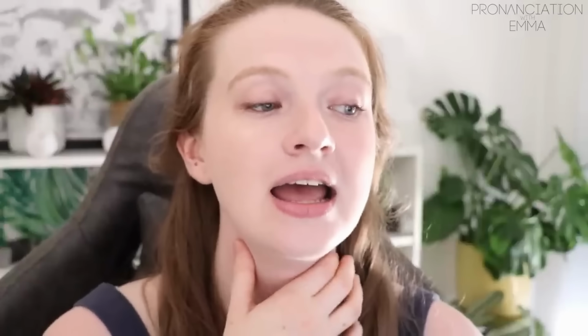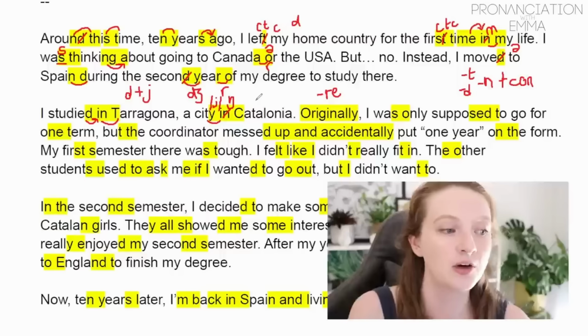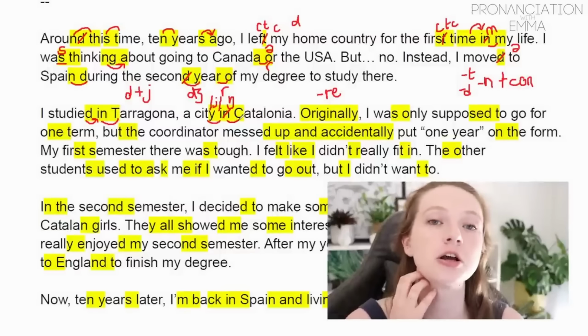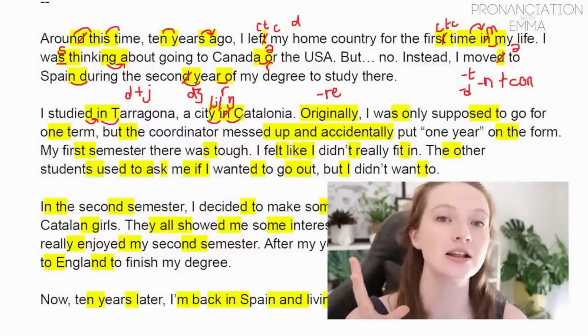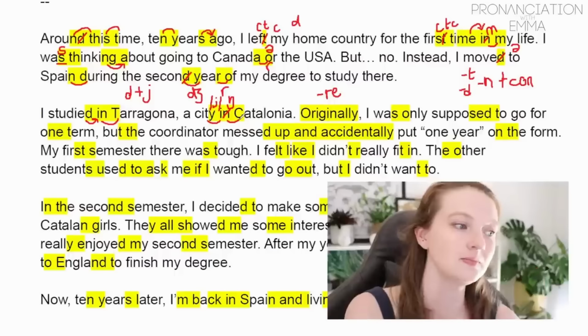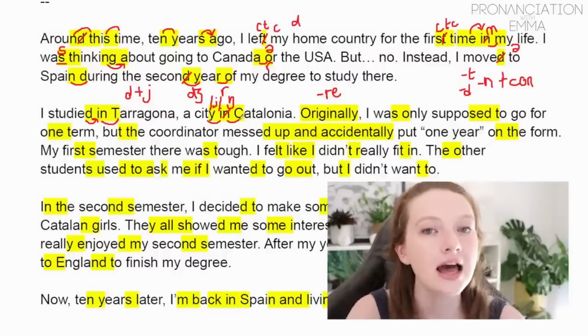So, like in thing, king, sing, this velar nasal sound back here, in Catalonia. And we do that because we want to connect that nasal sound to the k, in Catalonia. So I'm then going to release it with the k, in Catalonia. I'm not saying in Catalonia, but in Catalonia. A city in Catalonia.